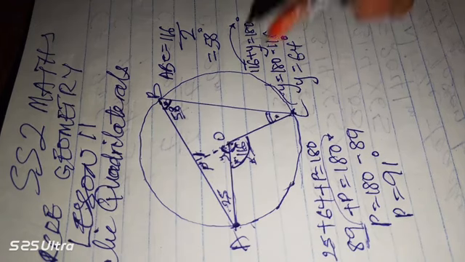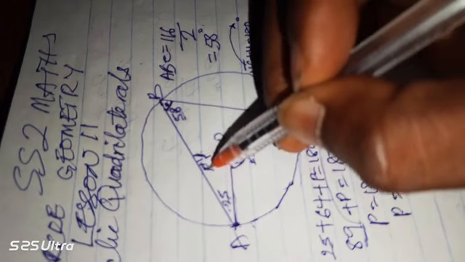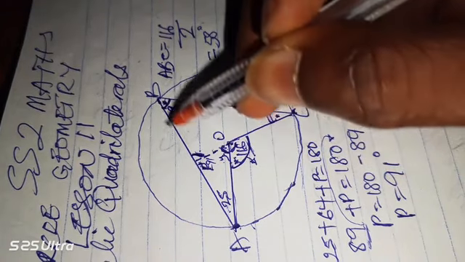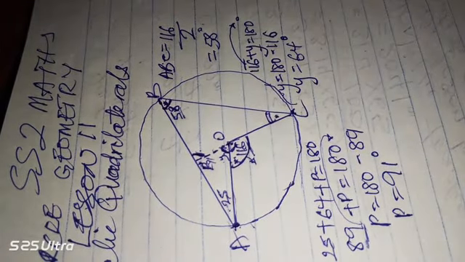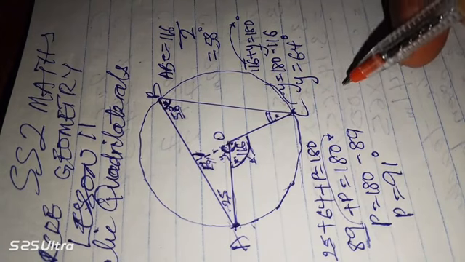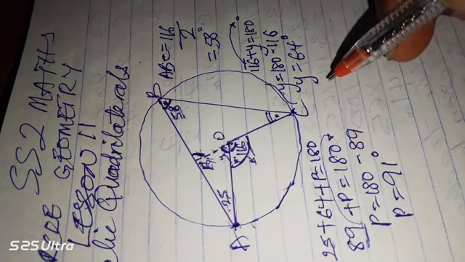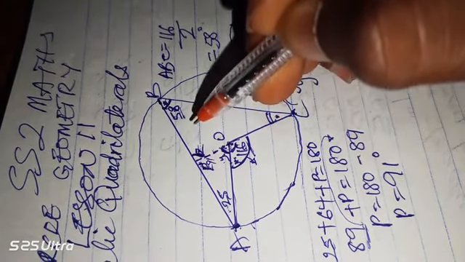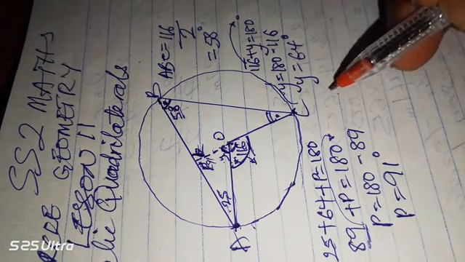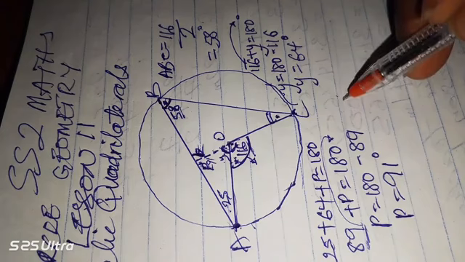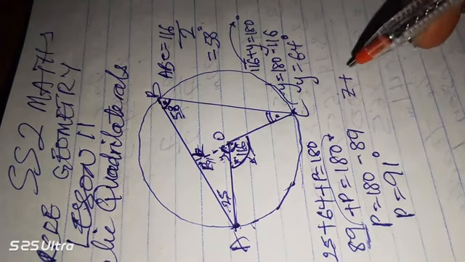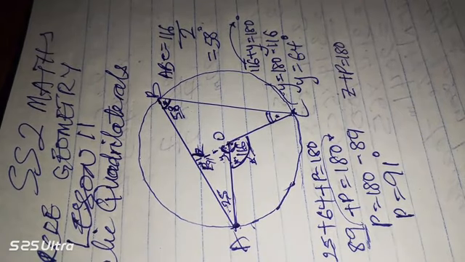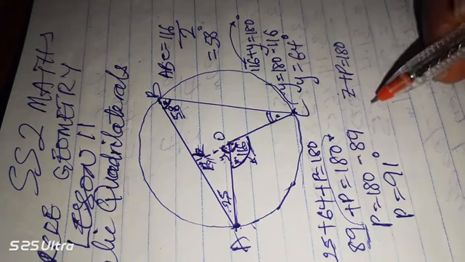Now that I've gotten this P to be 91 degrees, I can conveniently get this one using sum of angles on a straight line is 180. So I can call this angle Z. That is angle Z plus angle P equals 180, because sum of angles on a straight line is 180 degrees.